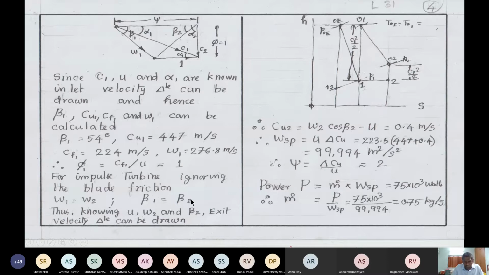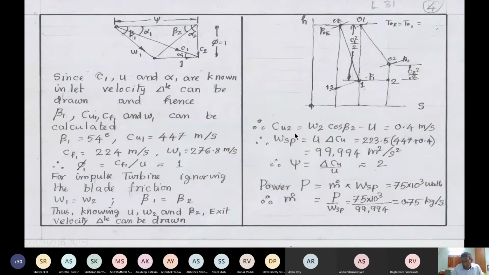Thus, knowing U, we have W2 equal to W1 and beta 2 equal to beta 1. Again, 3 values are there. So now it should be clear that when you know the 3 values, that is sufficient to construct the velocity triangle. So the exit velocity triangle also can be constructed. Then you can calculate Cu2.